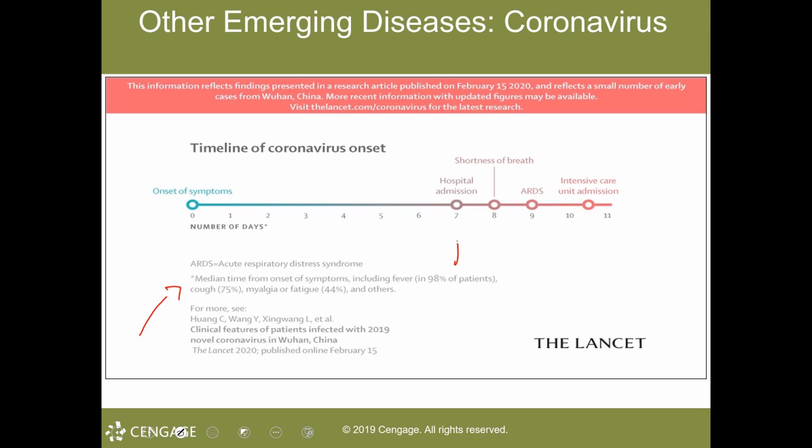They say that at approximately 7 days, the person may or may not be hospitalized, and just over a week after onset of symptoms is shortness of breath, and then of course comes acute respiratory distress syndrome. And depending upon the person, he or she may be admitted into an intensive care unit.